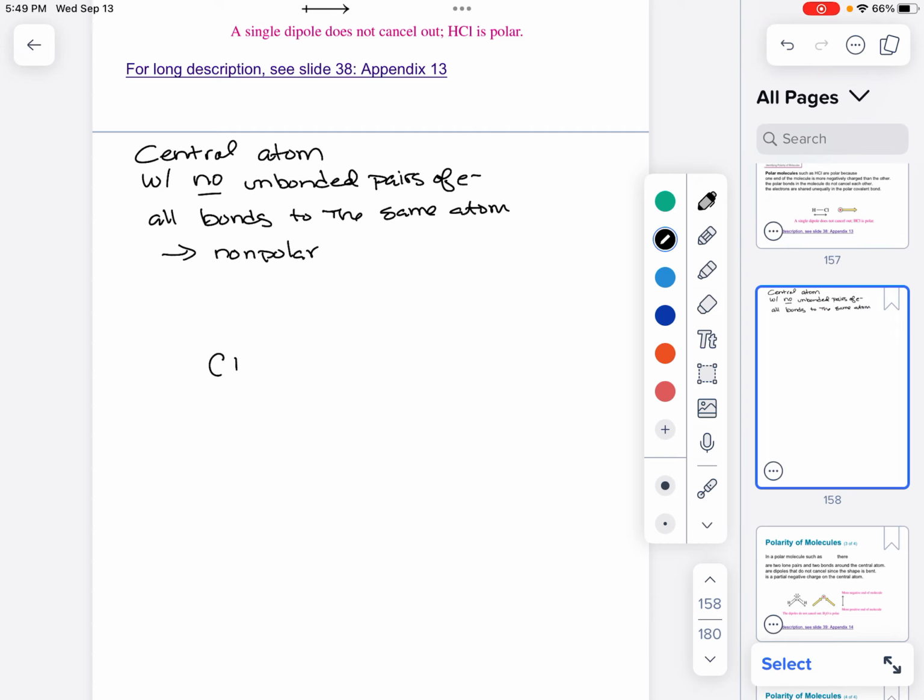So CF4, same thing. There's no unbonded electrons on that central carbon. Everything's to fluorine. All the dipoles will cancel. So this is nonpolar.